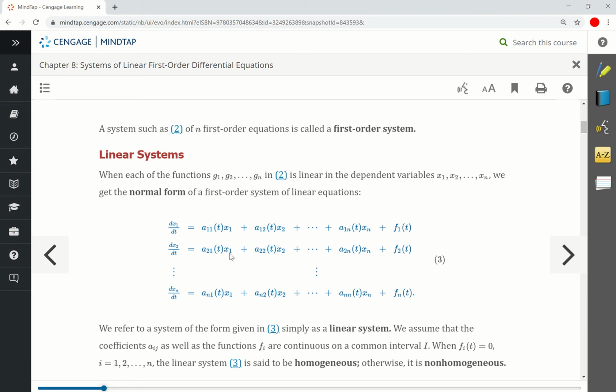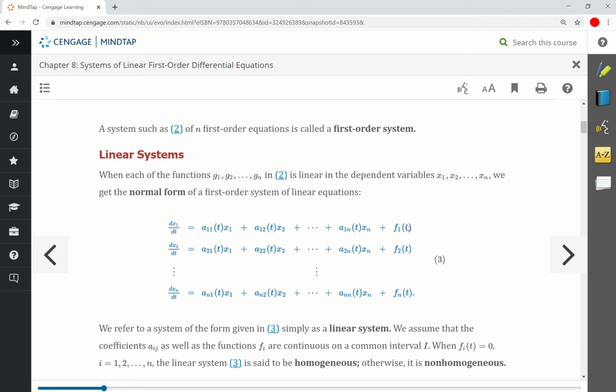It could be some component function of t times x1, a component function of t times x2, up to some component function of t times xn, plus possibly a function of t, all the way down to the derivative of xn. Again, it could be a component function of t times x1, up to a component function of t times xn, plus presumably another function of t.